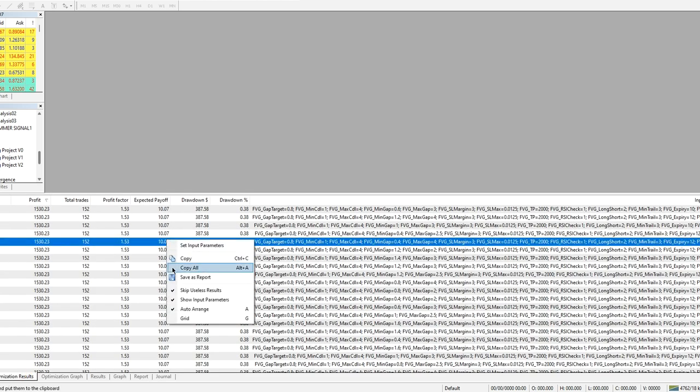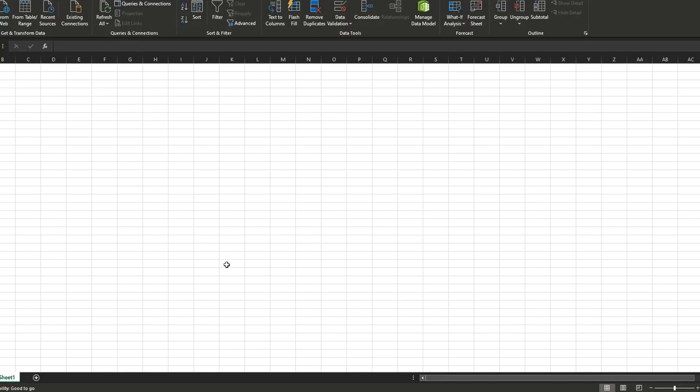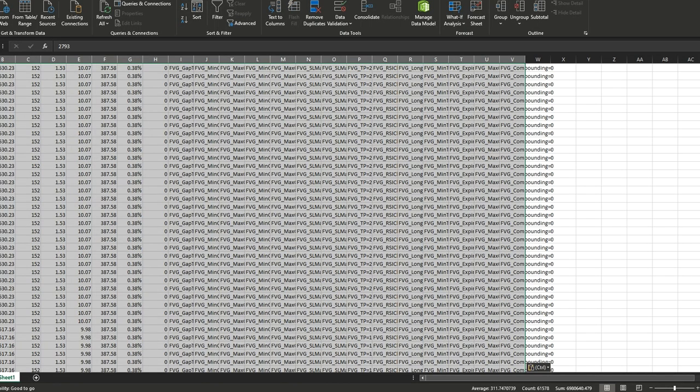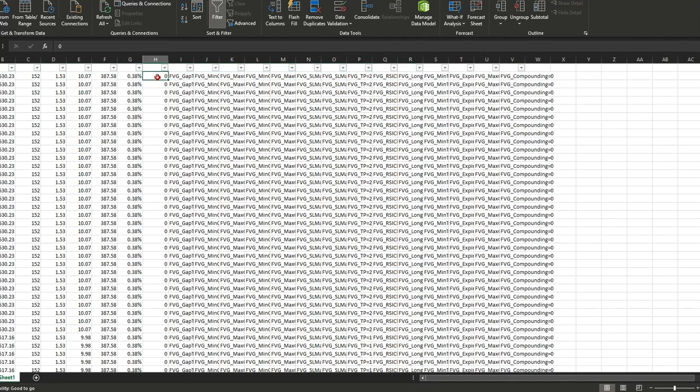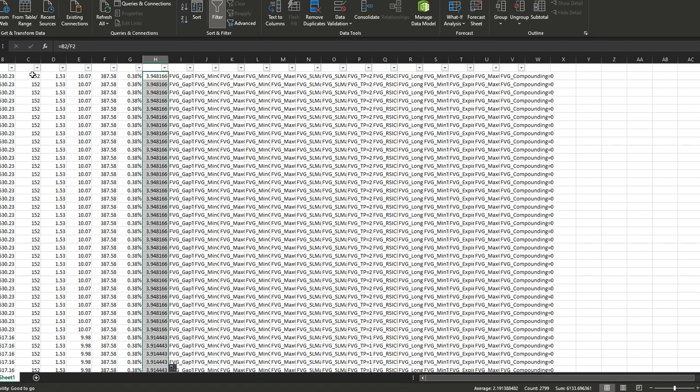What I will do is to copy everything here, come to Excel, then I add a filtering function here, and in this column let's put profit divided by maximal drawdown. Good.